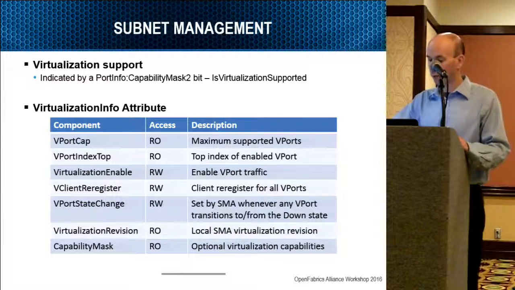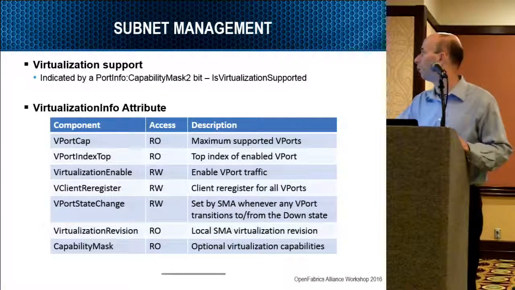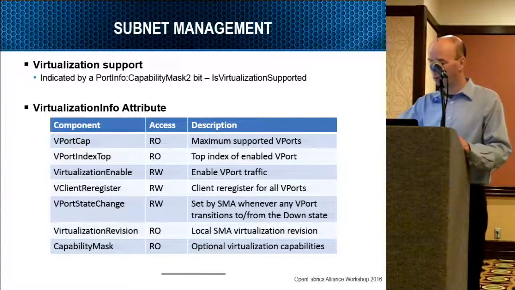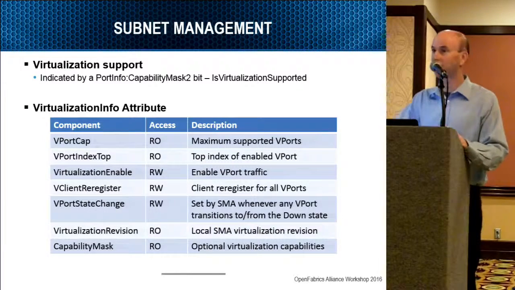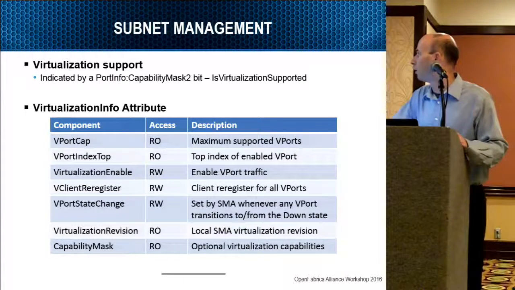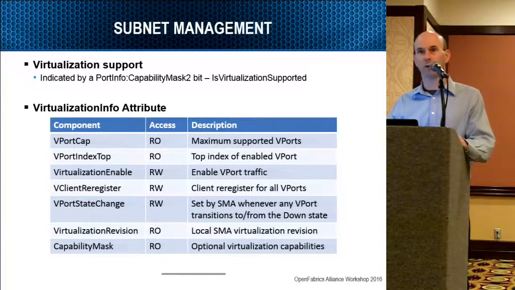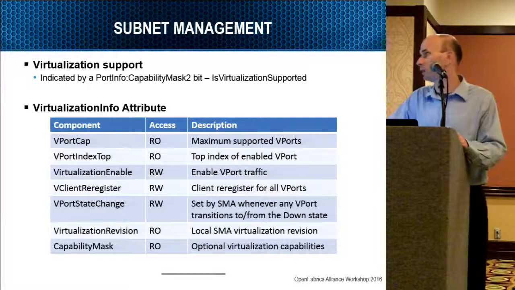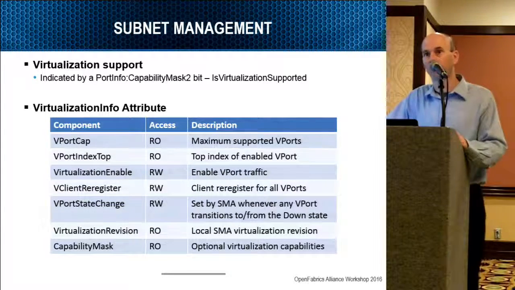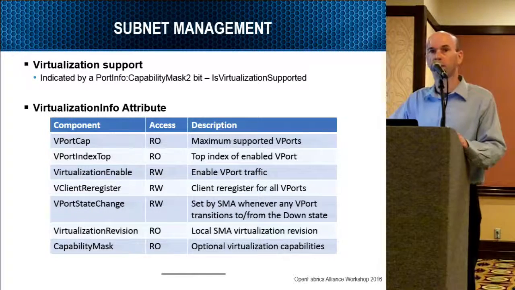We have this client register bit here at this top level to cause re-registration to all ports. And one interesting thing to state is this VPort state change, which, if people remember, the switches have those. So whenever one port changes on the switch, they set this bit and raise a single trap, and then the SM needs to probe which ports have changed and then reset that bit.